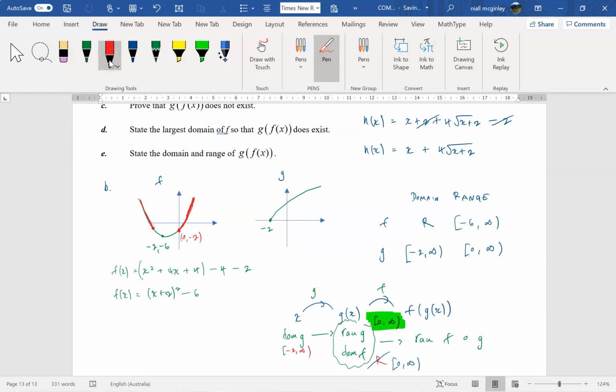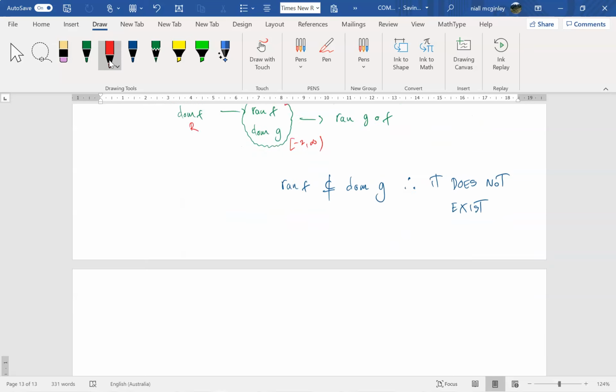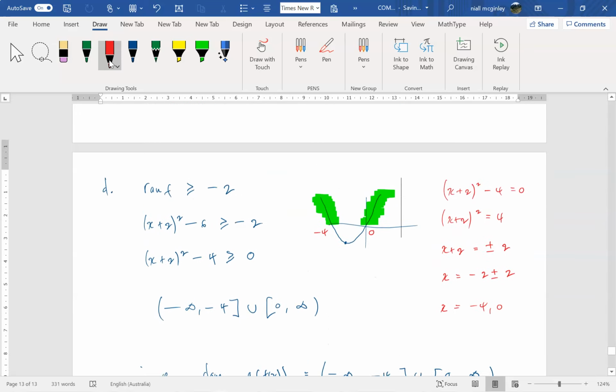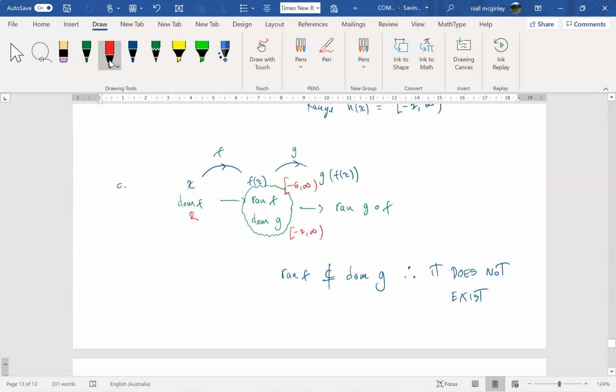By restricting this domain, we're missing out all these values. So the range of that function is going to be -2 up to infinity. So in this sketch, we're changing this to -2 to infinity, and that's going to be the domain.